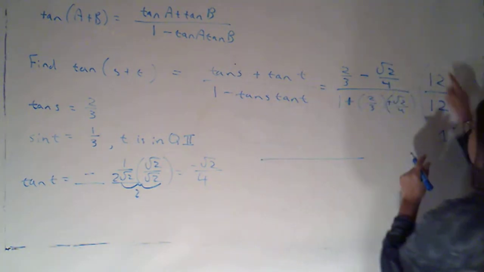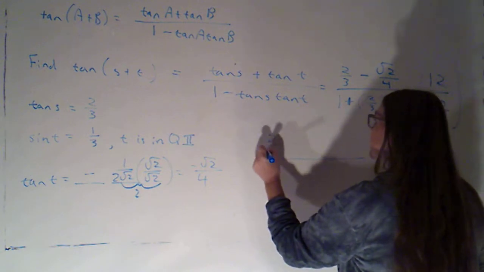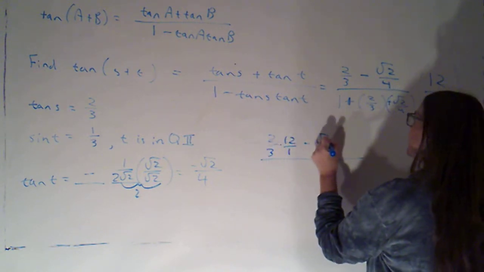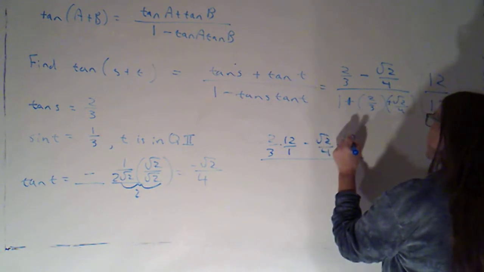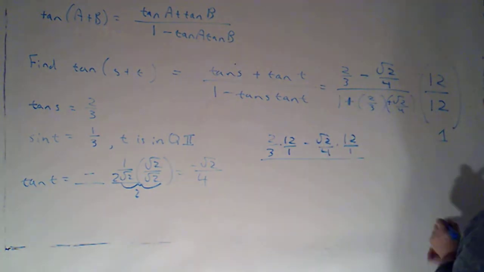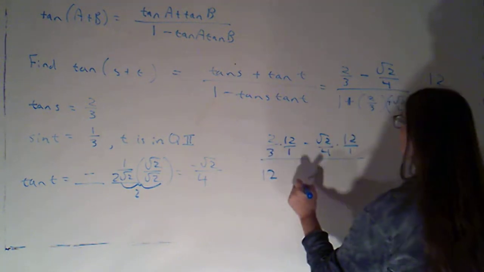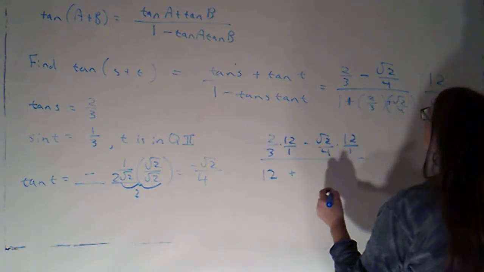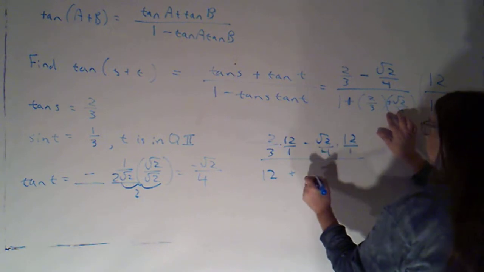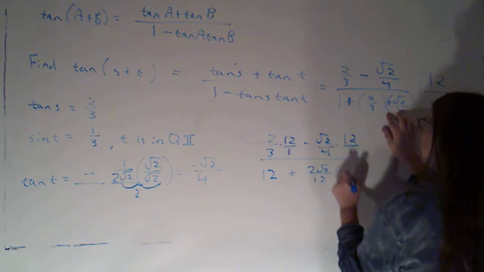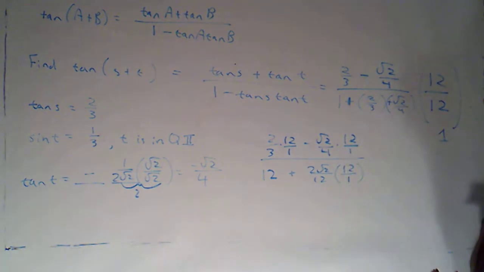So let's distribute that on top. So I've got 2/3 times 12 over 1 minus root 2 over 4 times 12 over 1. And if I distribute it on bottom, I'm going to get 1 times 12 is 12 plus, let's see, this is 2 root 2 over 12 times a 12 over 1.